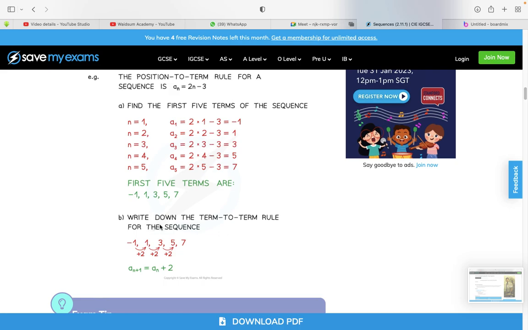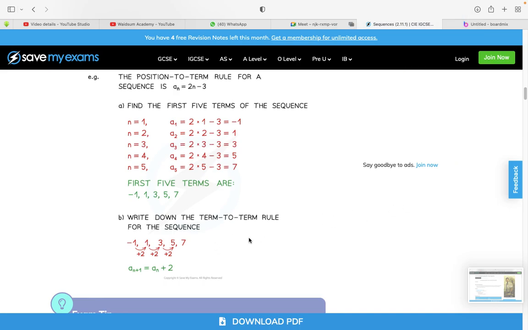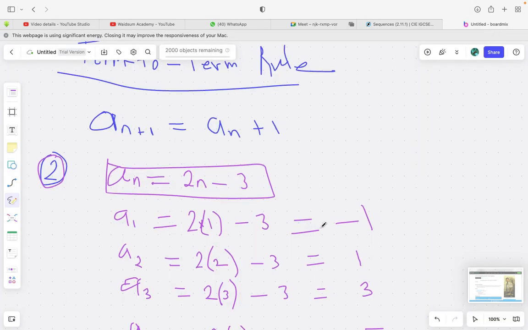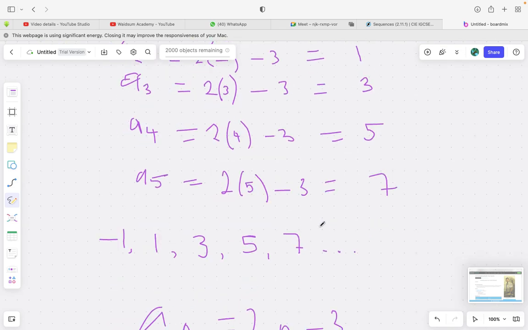Now the big question says write down the term to term rule for the same sequence. First of all, to do that, we have to find the common difference or the term to term rule. Now let's go to our whiteboard. We have to write the formula at the end of the day.